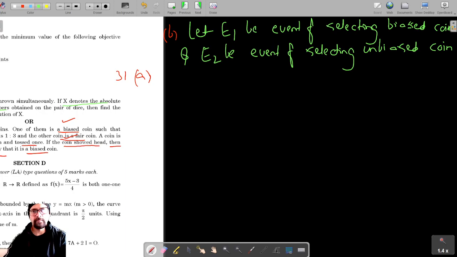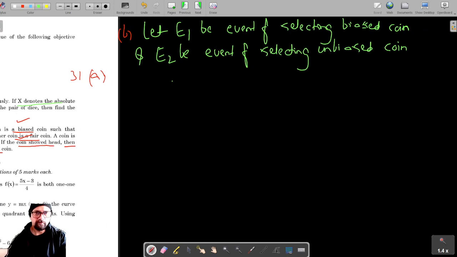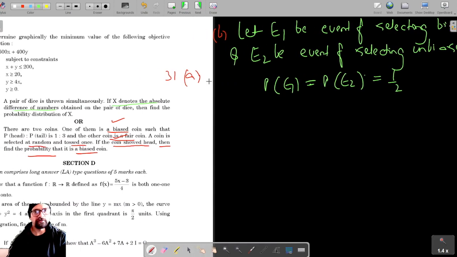Now, because there are two coins, selecting either of them gives us the probability half. We can select either of them out of the two coins.